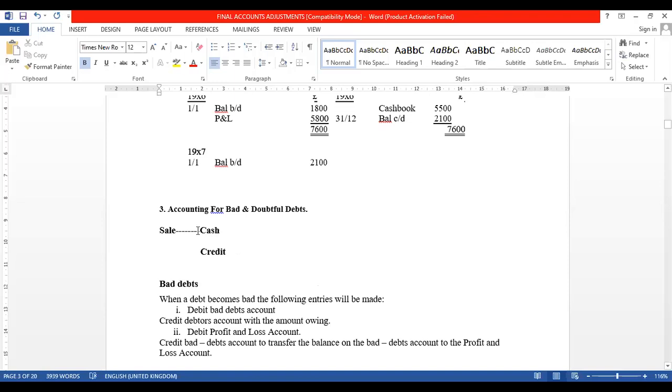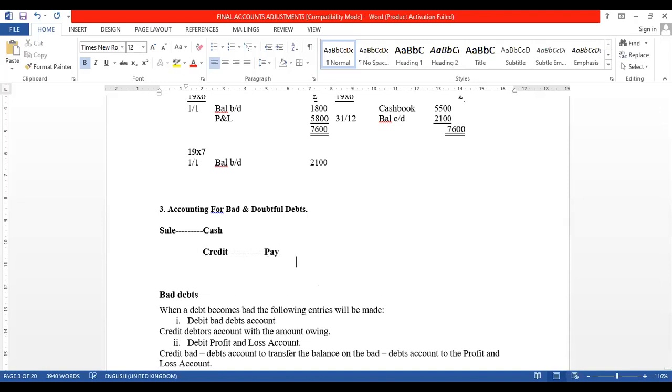Now, out of practice, it has been discovered that those people you sell to on credit can either pay you later as agreed, or they can refuse to pay you. So we can have an amount that is paid or an amount that is not paid. Of course, not paid will be for many reasons.